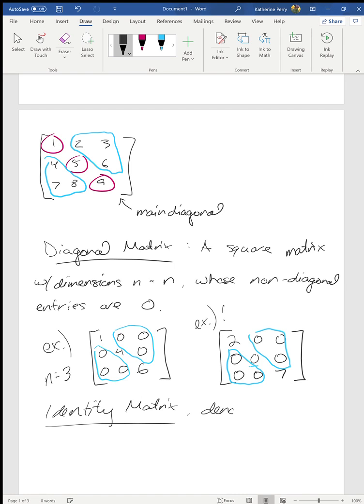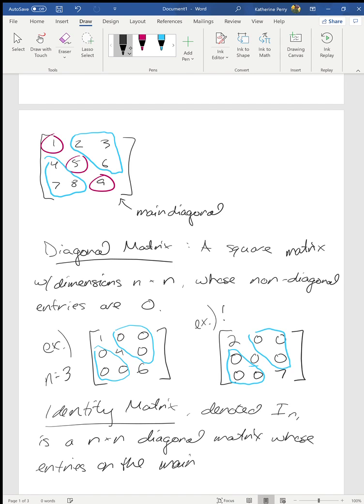And this is denoted IN, and this is an n by n diagonal matrix whose entries on the main diagonal are 1.